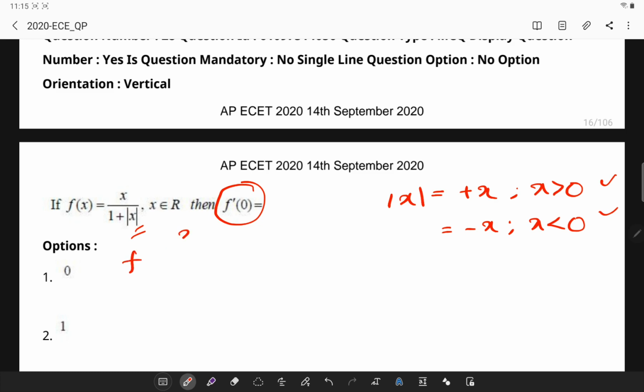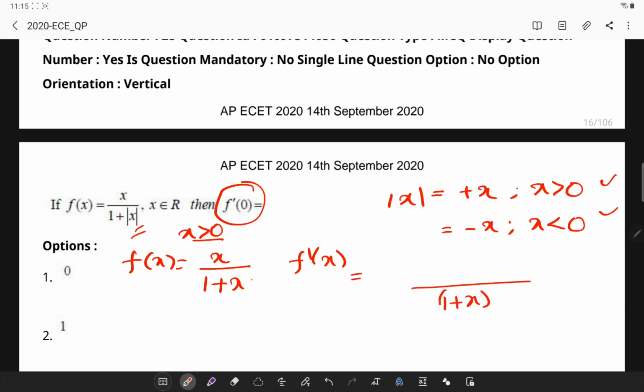So first case, let us take x is greater than 0. So f of x is x by 1 plus x. Now let's calculate f dash x, which is (1 plus x) into 1 minus x into derivative of 1, over (1 plus x) whole square. So this is simply 1 by (1 plus x) whole square.